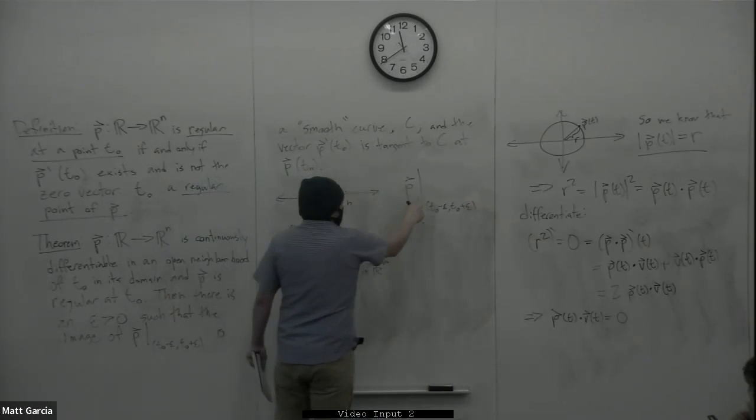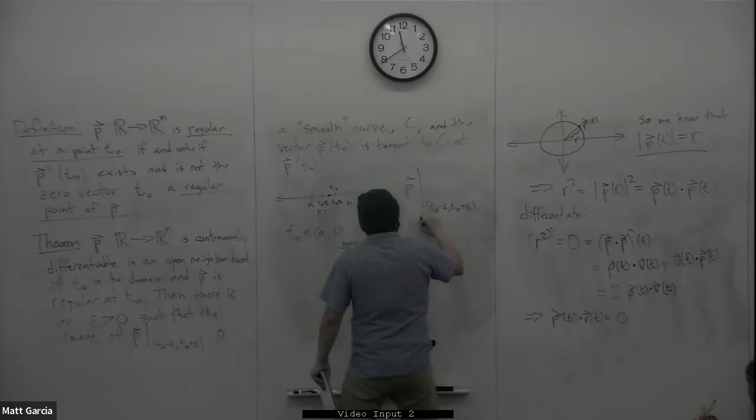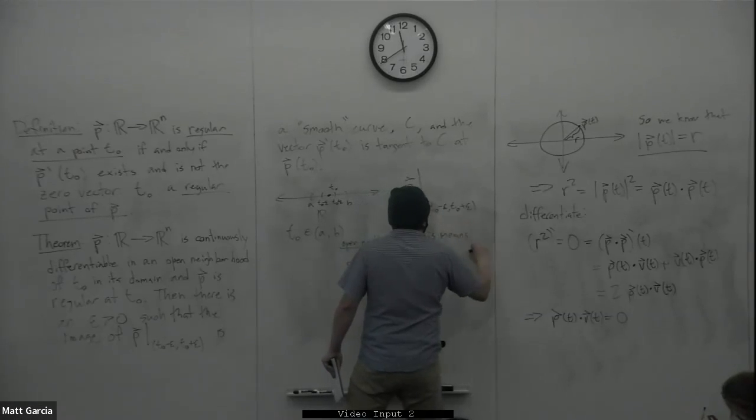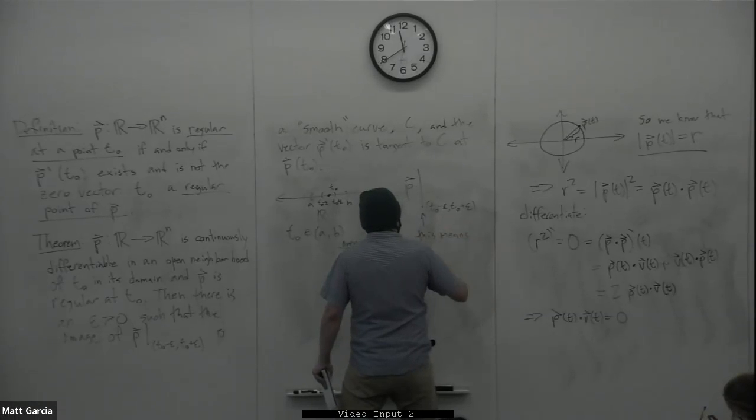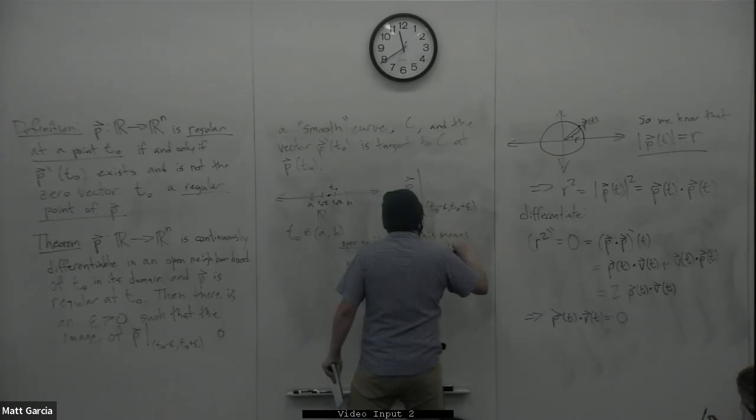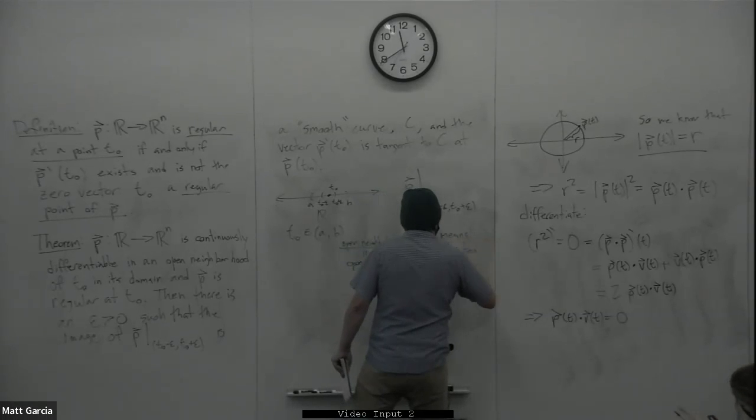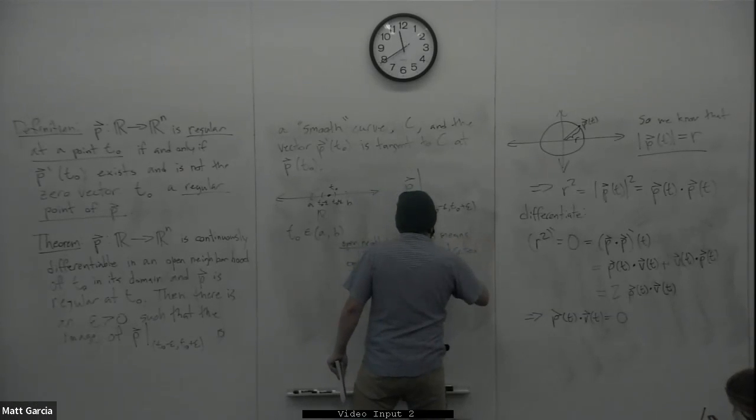And when I write this vertical bar, this means p hat restricted to this interval.